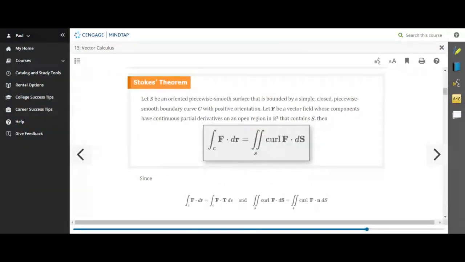It turns out that the work is equal to the flux integral. Okay, that double integral to the right, where you have the dot dS and the S is a bold vector, that's a flux integral. It's a flux integral where the vector field is the curl of the vector field. It's an absolutely amazing theorem, and they prove a special case of it in the textbook.